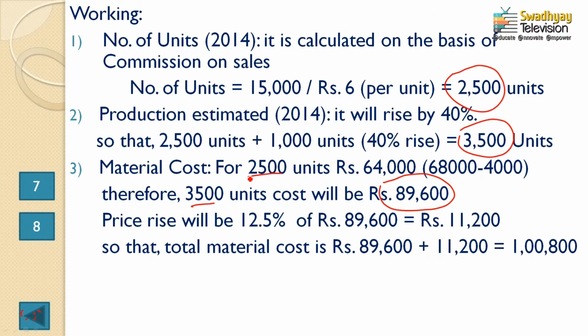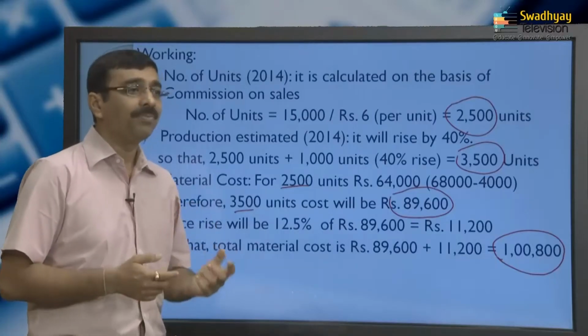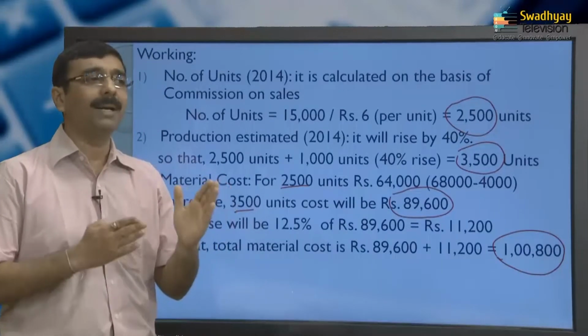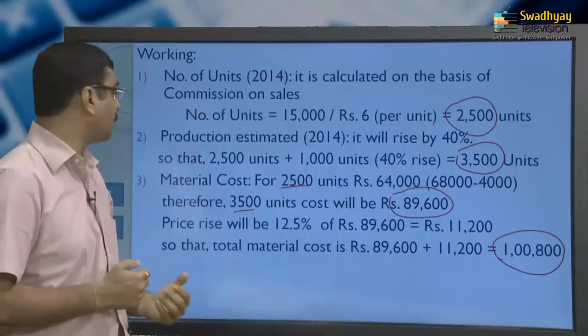Now the adjustment is that the material price will increase by 12.5%. So 89,600 is the material cost if you manufacture 3500 units, and the 12.5% increase on this would be around 11,200 rupees. So 89,600 plus 11,200, the total material cost for the year 2014 would be 1,00,800 rupees.